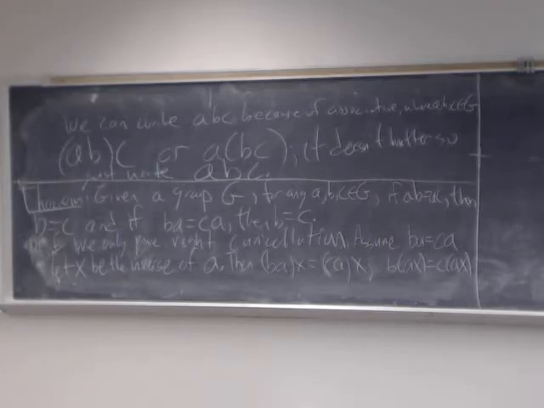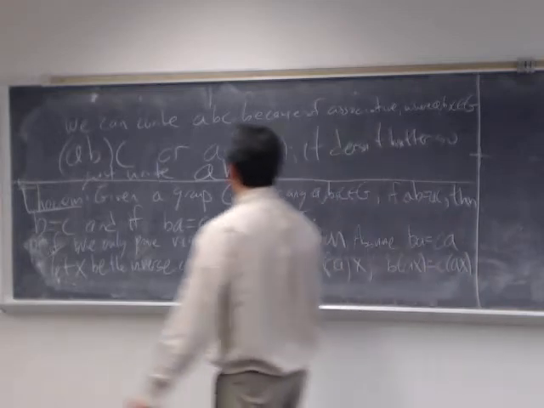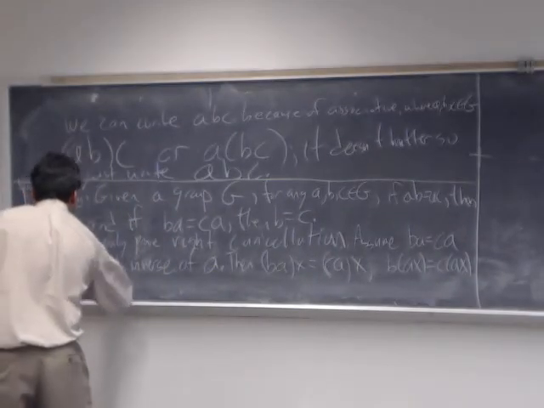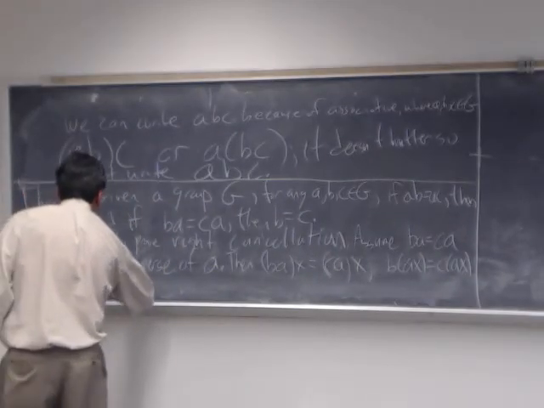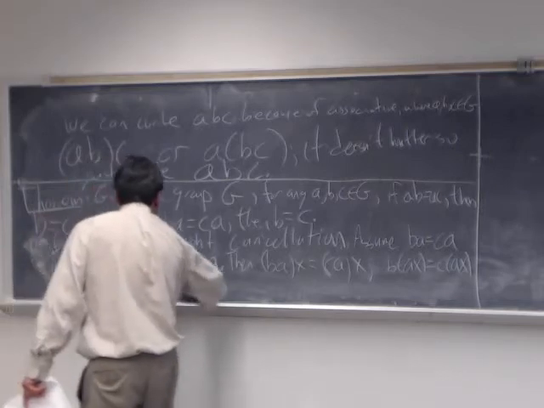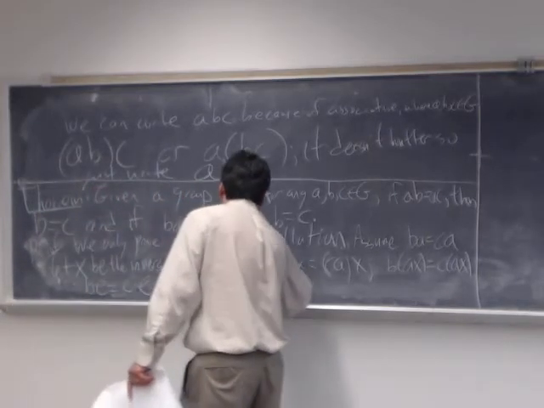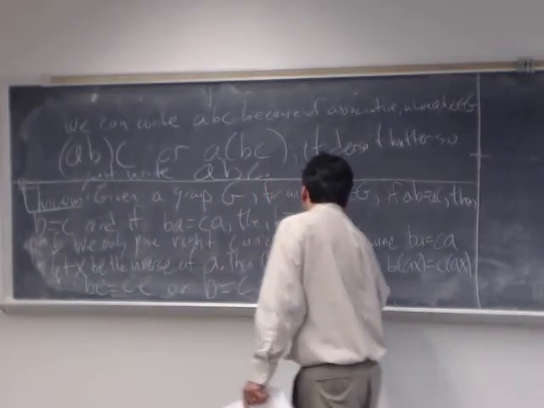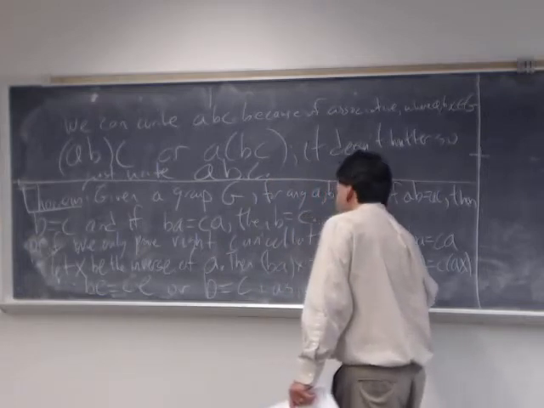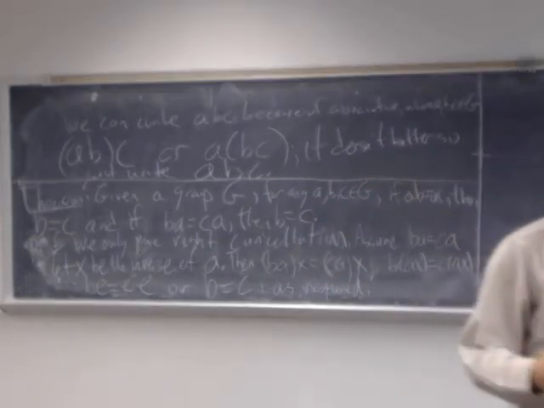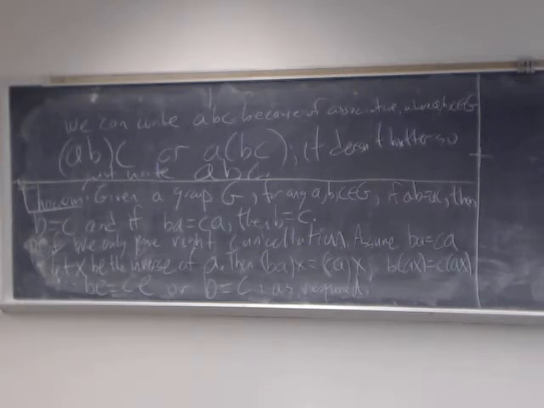But if X is the inverse of A, AX is the identity. So that becomes BE equals CE, or B equals C as required. And so that completes the proof of right cancellation.